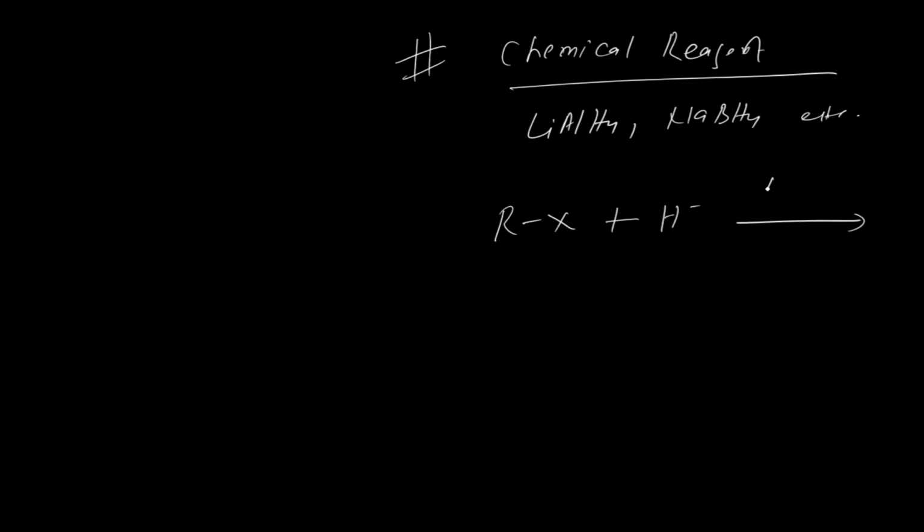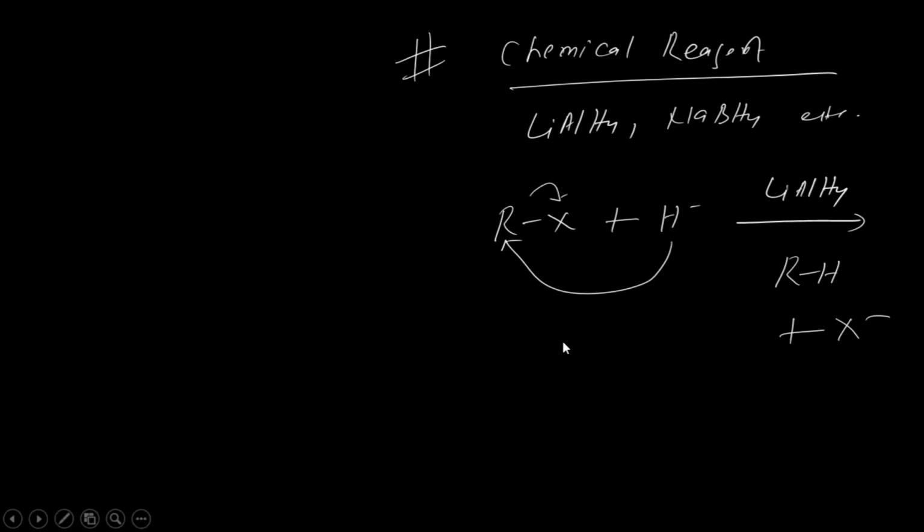Where does it come from? It comes from lithium aluminum hydride, which gives you the hydride ion. So what will happen? The hydride goes towards this one, and this hydrogen will get attached to this one. So it will give you RH plus X minus. This is also a method of reduction. So this is a different type of method of formation of alkane from alkyl halide.